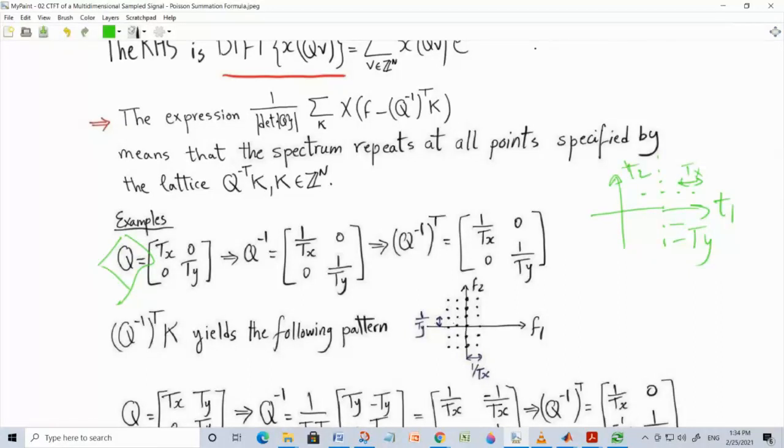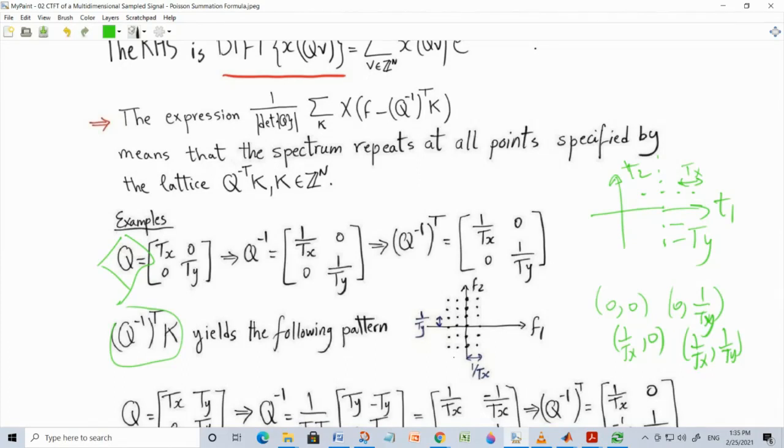If the signal is baseband around 0, 0, then it appears around 0, 0. It appears around 0 and 1 over Ty, about 1 over Tx and 0, and around 1 over Tx and 1 over Ty. Take this matrix and multiply it by any two-dimensional integer vector, and you get the points where the spectrum is repeated in the two-dimensional space. That's the effect of sampling.